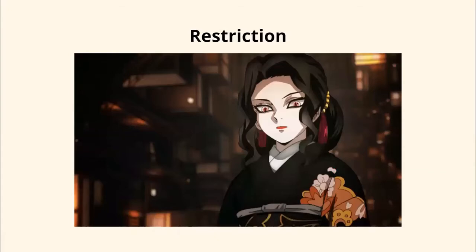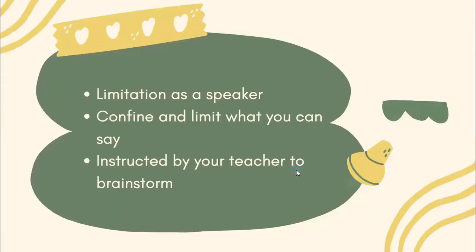Second one, we have here restriction. Restriction in communication, class, refers to any limitation that we may have as speakers. So in other words, restriction in this type of communicative strategy limits what we can say in the conversation, or it also limits us in communicating.